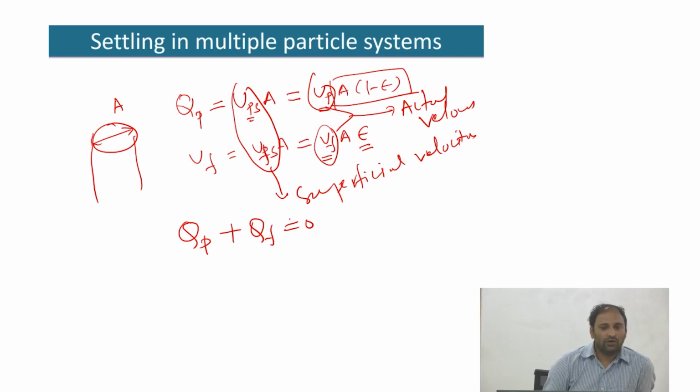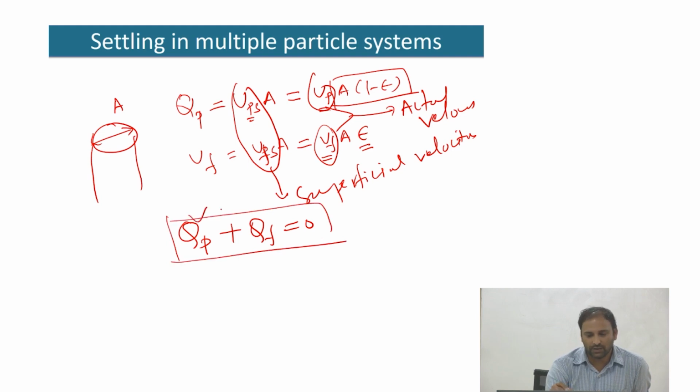The volumetric flow rate of the particles plus the volumetric flow rate of the fluid should be equal to 0. I'm not adding anything to the system, or taking anything out.